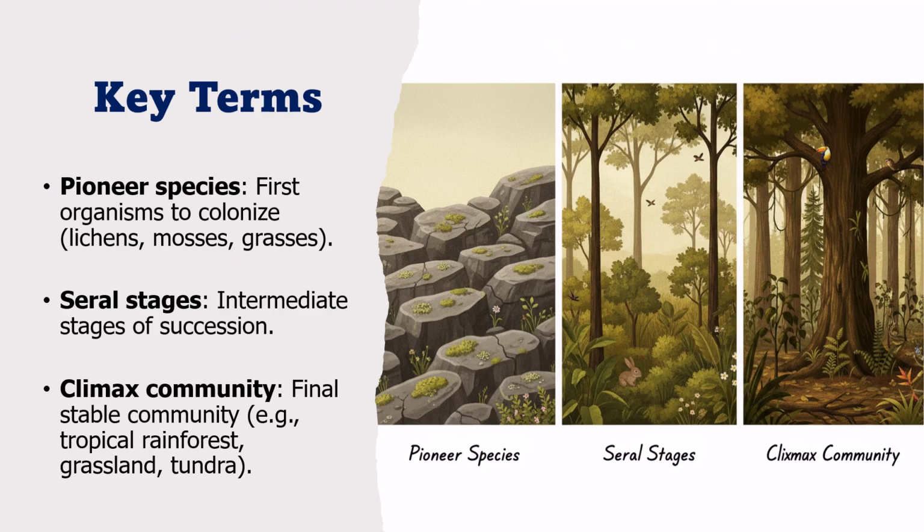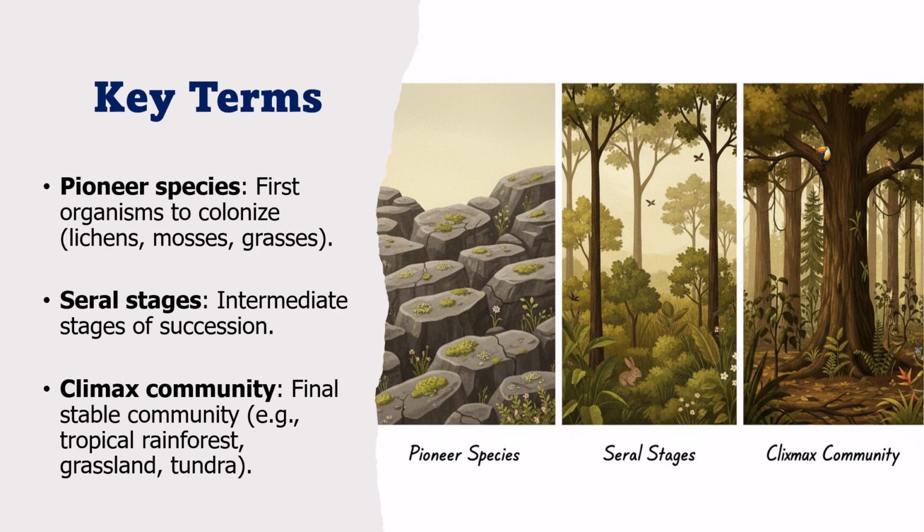At last, we will recap some key terms that are central to understanding ecological succession. First is pioneer species. They are the first organisms to colonize a barren or disturbed area, such as lichens, mosses, and grasses, which create favorable conditions for others. Second is seral stages. They represent the intermediate phases of succession where communities gradually change in composition and structure.